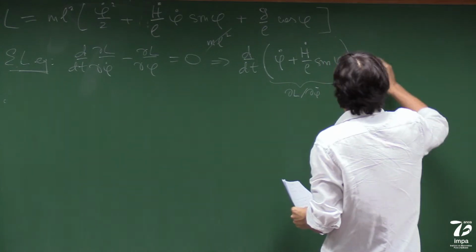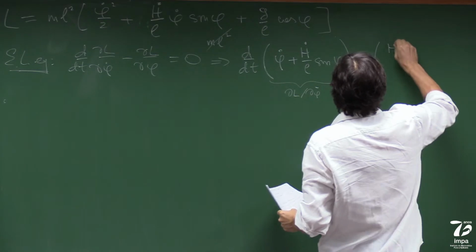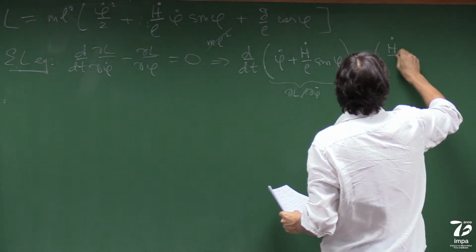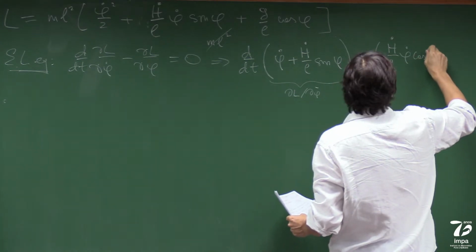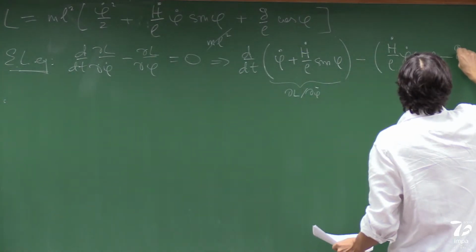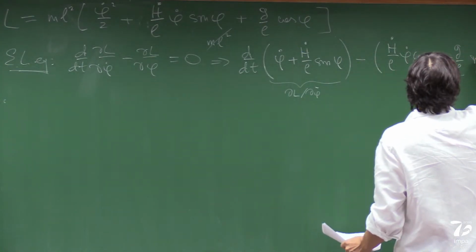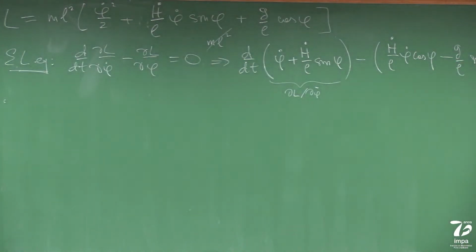So it will be h dot over L, psi dot cosine psi, and this will give you minus g over L sine psi equals 0.